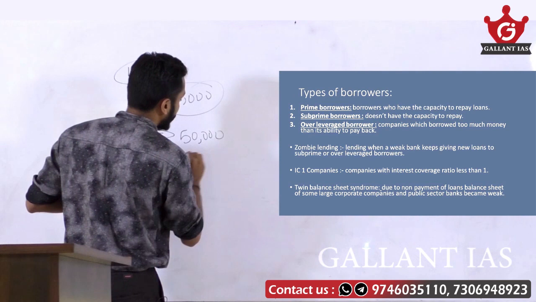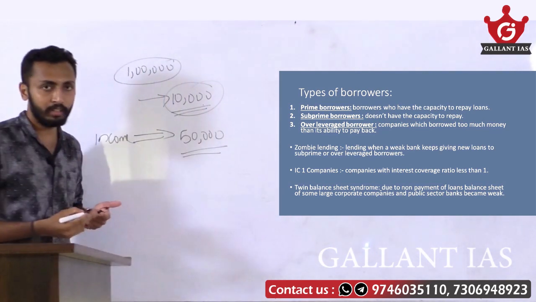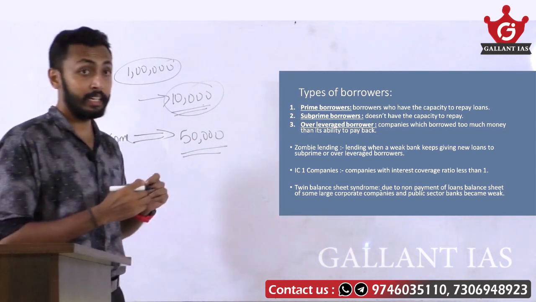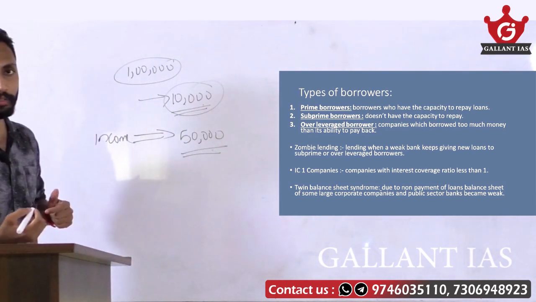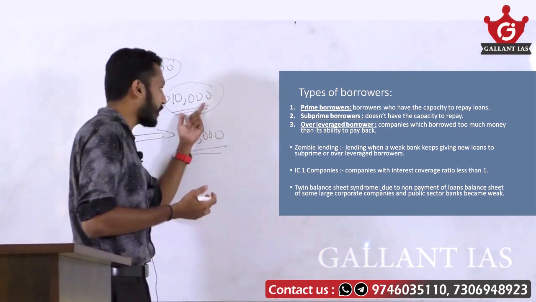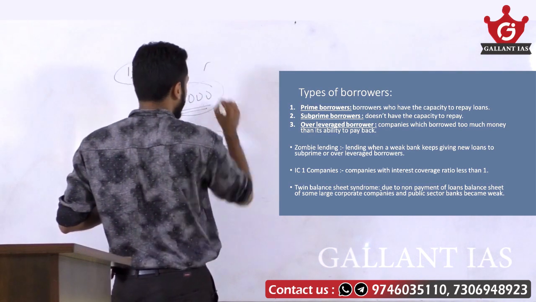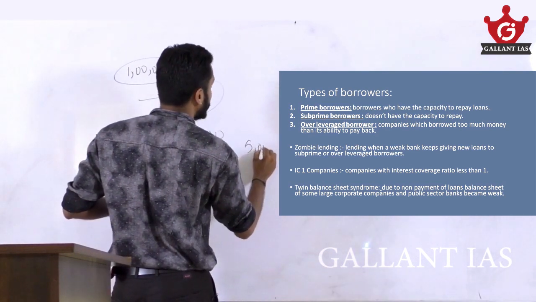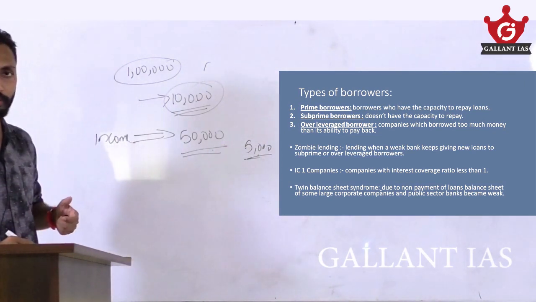If I have 50,000 monthly income, I can easily pay this 10,000 rupees monthly. Yes or no? Yes. If I have 60,000, I can also pay it. If I have just 5,000 rupees monthly income, I could not pay this 10,000 rupees.